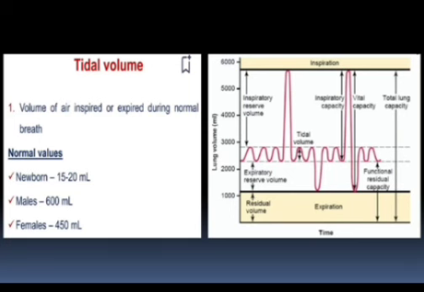I was saying the spirometer would have the mouthpiece, nose clip, and a monitor. So when you do this experiment, there's going to be a graphical representation on the monitor, and that is what you have over here. Okay? So, tidal volume.